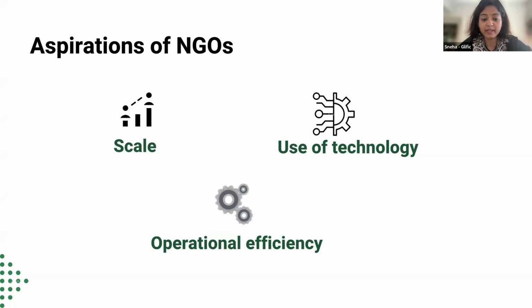Most NGOs aspire to scale, automate a lot of manual processes they are already working on, include technology in their work and also improve operational efficiency. And that's exactly where Glyphic comes into the picture.